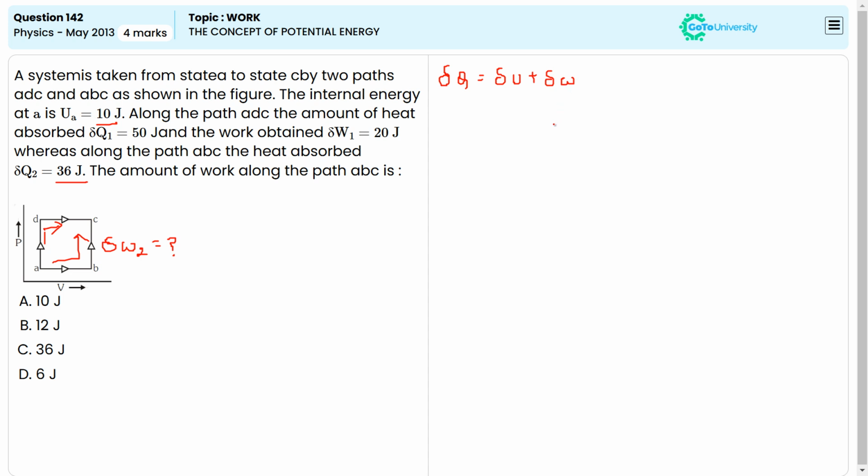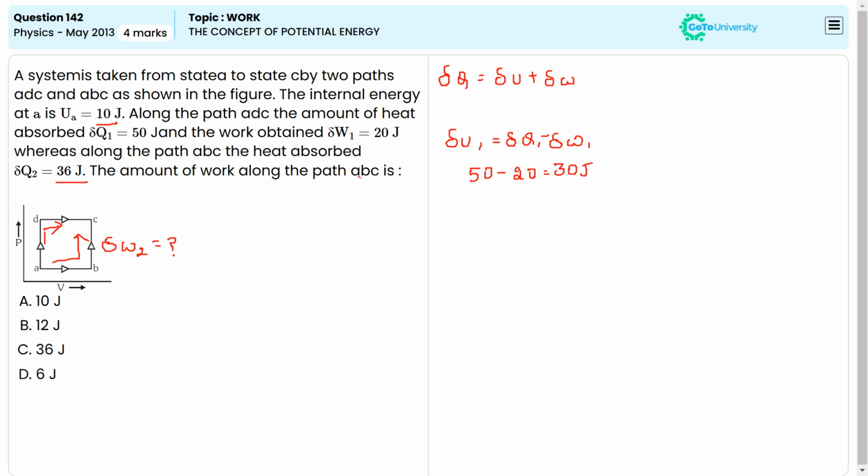Along the path ADC, the first path, delta U1 is equal to delta Q1 minus delta W1. If I substitute the values, 50 minus 20 is equal to 30 joules.